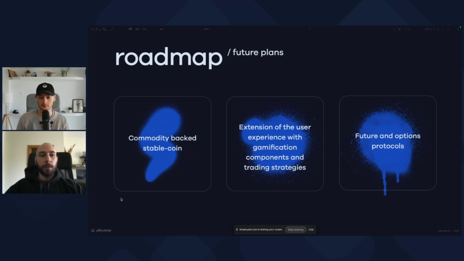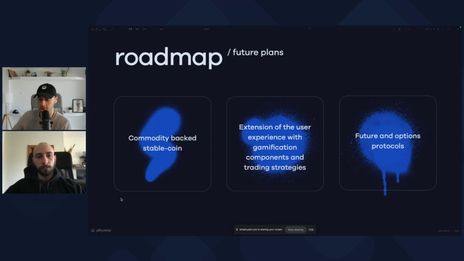What we currently have is, of course, the MVP, something that is usable, but we want to make it a bit more flashy, a bit more gamey, and something that users enjoy using even more than what we currently have. And futures and options protocols are also something that we're looking into. Of course, not much to say about that because it has a lot of implications, but we are definitely looking into it.